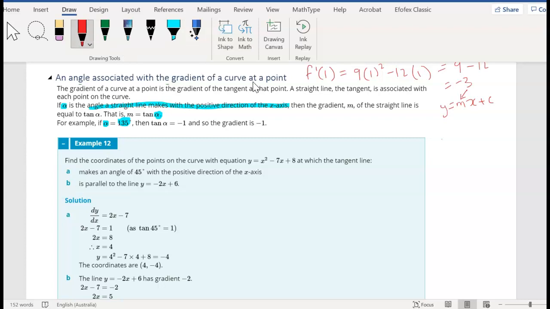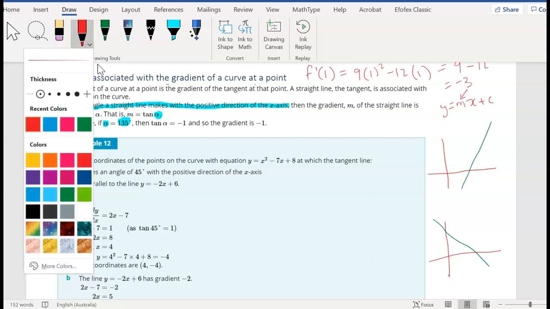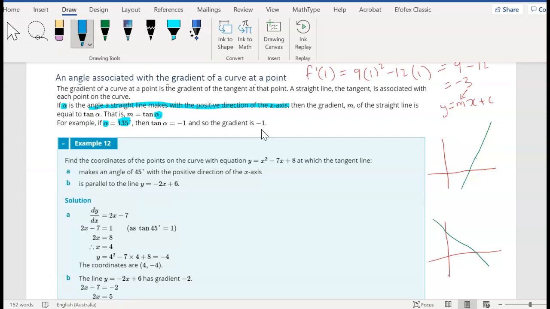So I'm just going to sketch 2 examples. We'll just do 2 axes. All right, so let's say I had my tangent line was like that, and another tangent line is maybe like that. And do a different color. Okay, so we're doing it with the angle the straight line makes with the positive direction of the x-axis.